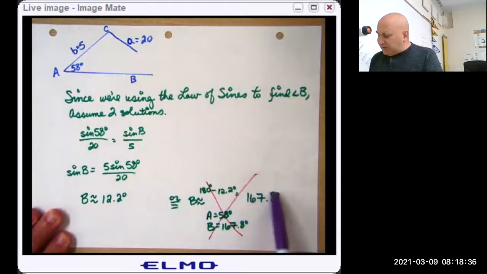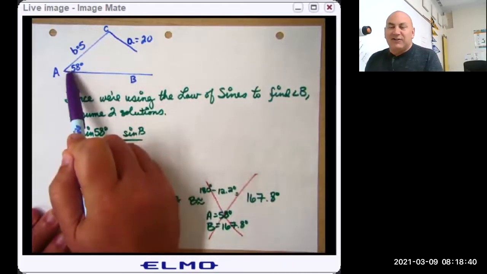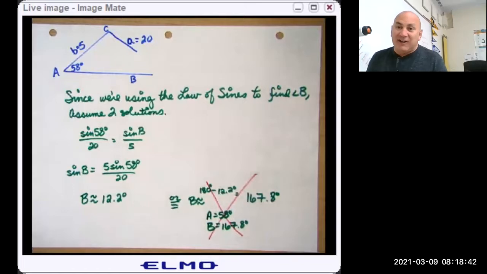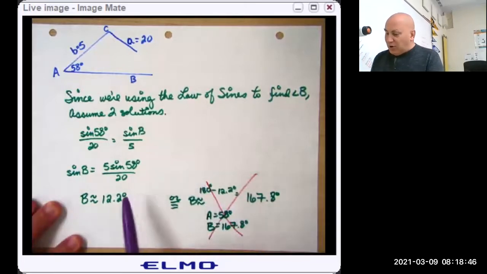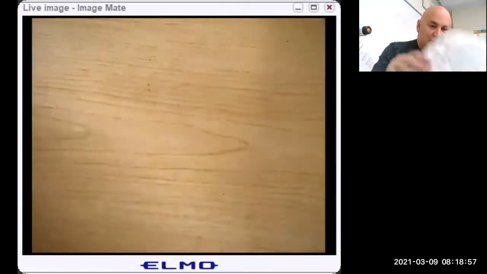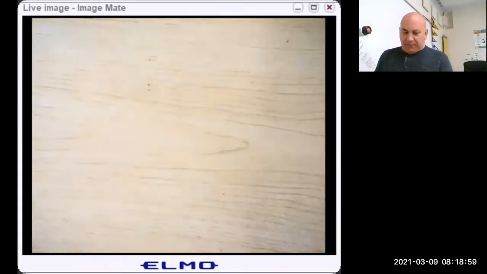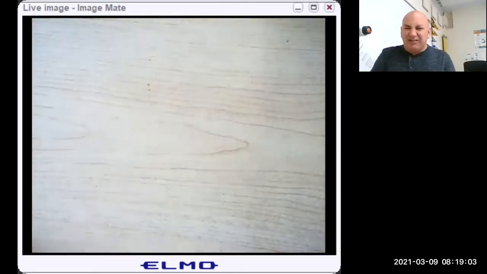Well, if B is 167.8 degrees and A is 58 degrees, you're already over 180 degrees. So this triangle isn't going to work. Only this triangle is going to work. Now you go on and solve for angle C and side C. So remember, angle side angle we like.